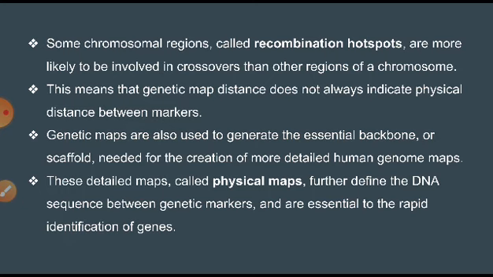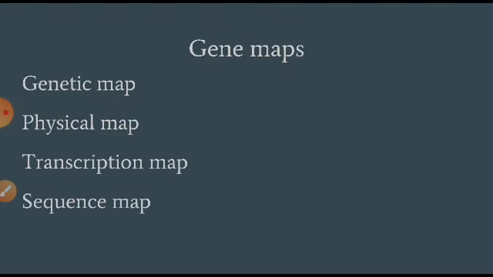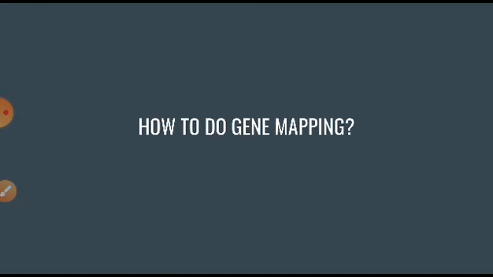As I told you, if you need more detailed and more accurate information, the absolute location, then you need to go for physical mapping. Here you can see altogether how many gene maps can be created: genetic map, physical map, transcription map, and sequence map. I'll not describe all this in detail here, just so you know.